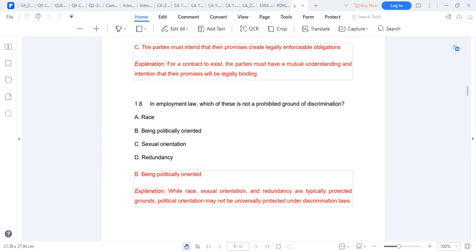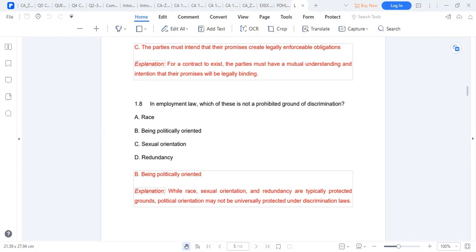Redundancy is not prohibited on the grounds of discrimination. Redundancy occurs when a job is eliminated due to business trends, restructuring, or other legitimate reasons unrelated to a person's character. So it is not a form of discrimination, but rather workforce management.